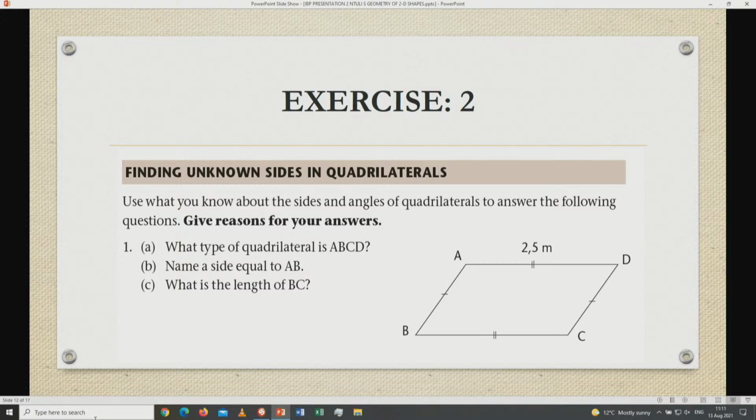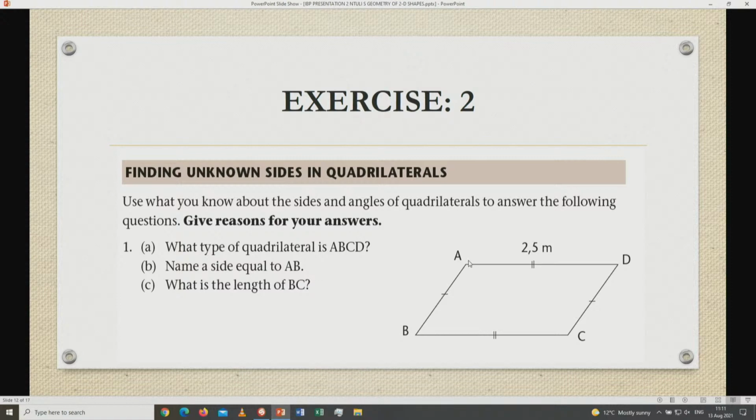Now, the first one, what type of quadrilateral is ABCD? This is a quadrilateral we are talking about. We can see there are two opposite sides that are parallel, and these two sides also are parallel.